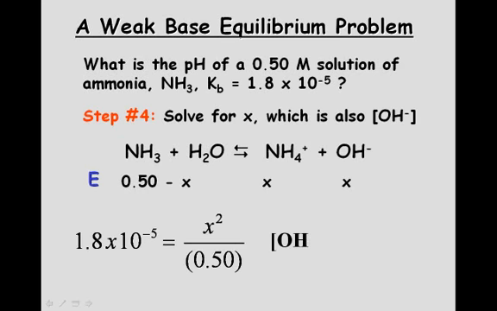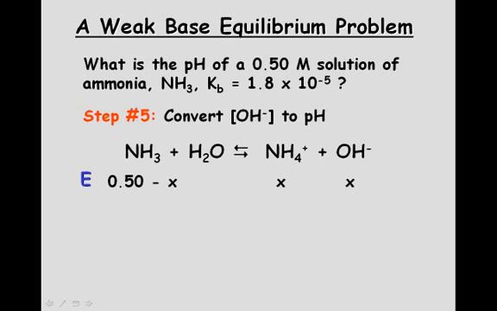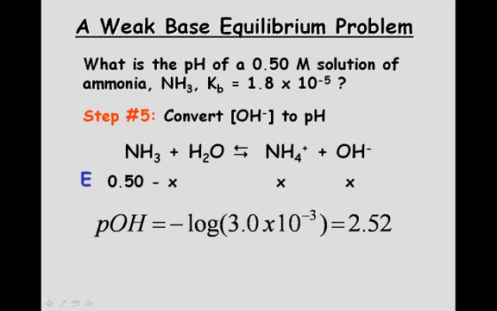And then of course we're going to solve for x, and our x ends up being 3 times 10 to the negative third. Now be careful when it's Kb, because that means the x is actually the OH minus concentration. So we need to put a little extra step in here to get the pH. So we're going to take that OH minus, and we're going to negative log it.